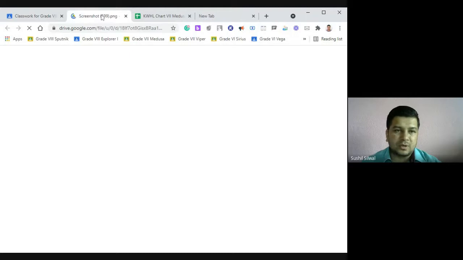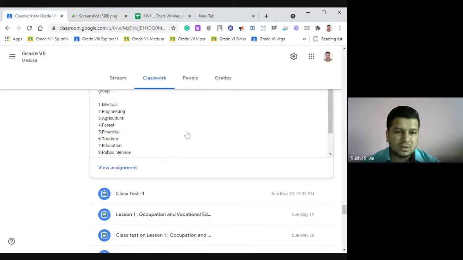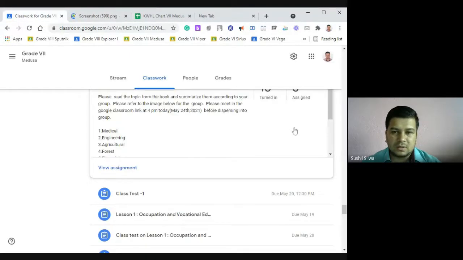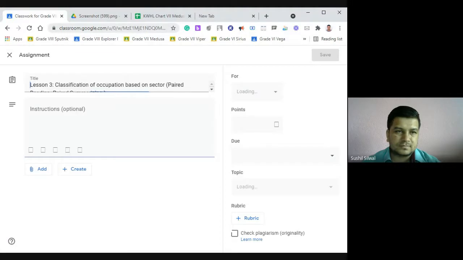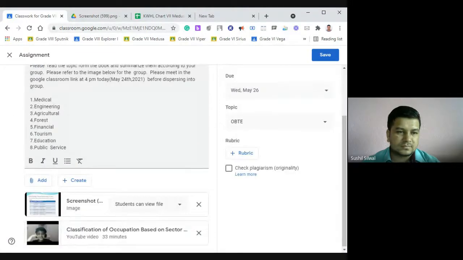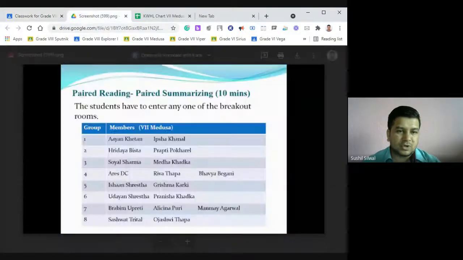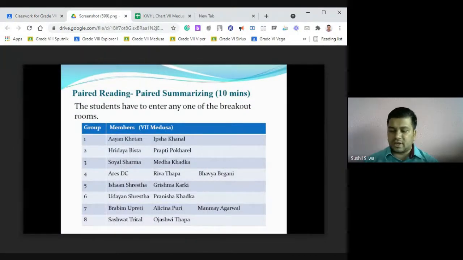Now in group A, can you see? Group A, I told 1, 4, and 7. Groups 1, 4, and 7, you are group A, you are doing the first objective.